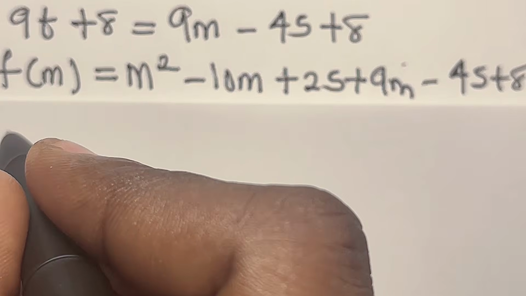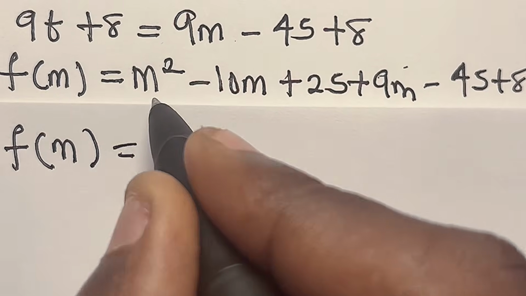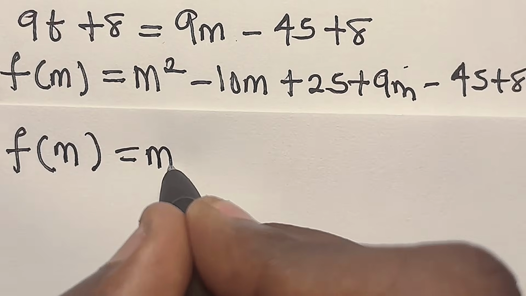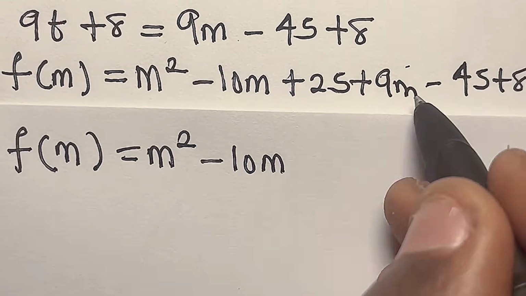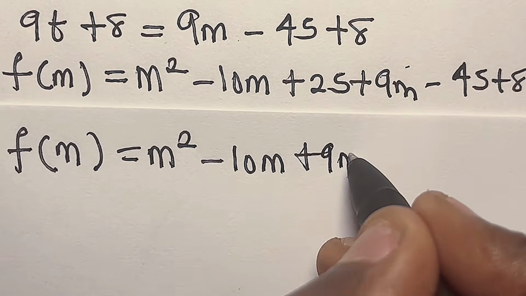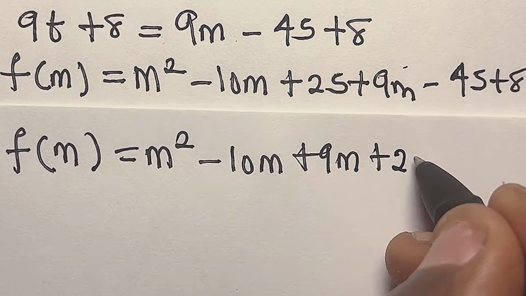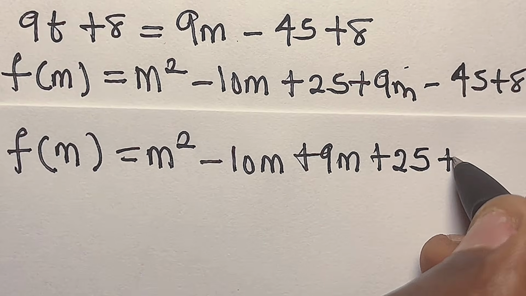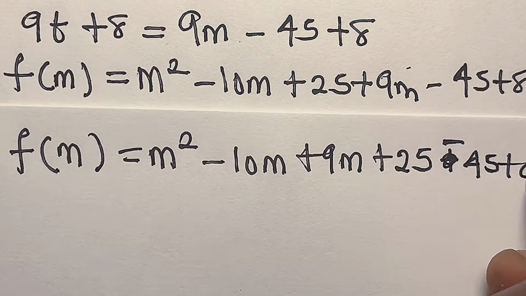So we're going to have f of m equals, we have m squared minus 10m plus 9m. So we are just collecting like terms, plus 25 minus 45 plus 8.